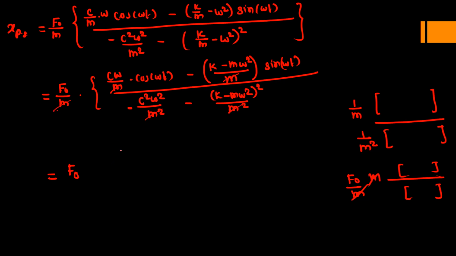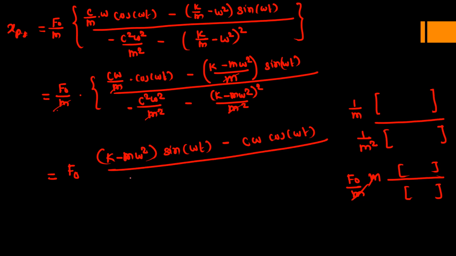And after multiplying by negative sign, this is K minus M omega square sine omega t minus C omega cos omega t upon K minus M omega square bracket square plus, because both are negative. So after multiplying by minus, both the terms will be positive. This is C omega square.